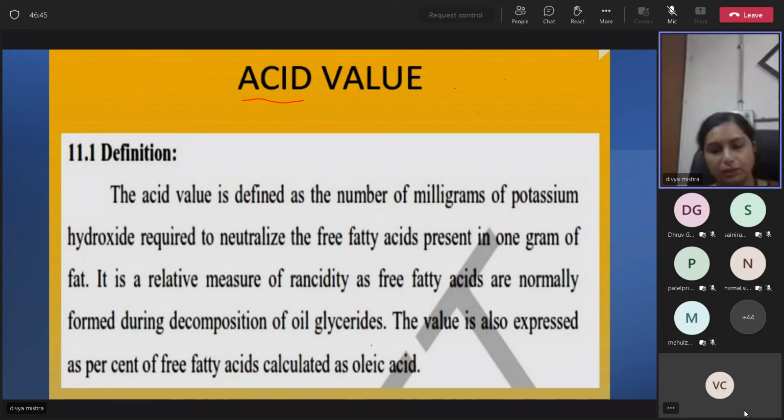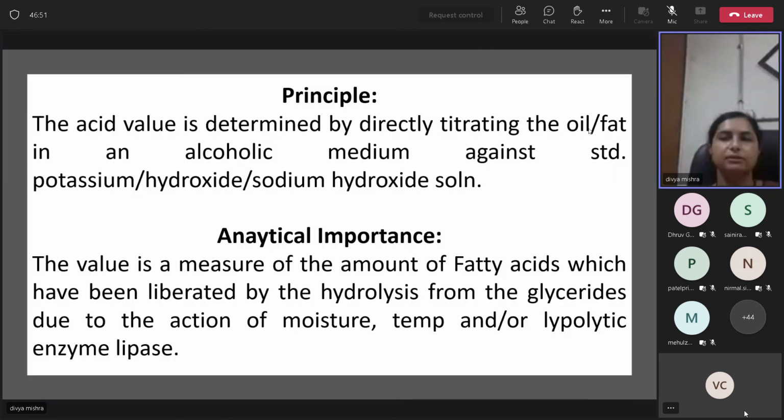This value is also expressed as percentage of free fatty acid. The principle is that it is determined by directly titrating the sample in alcoholic medium against standard potassium hydroxide, or one may use sodium hydroxide solution. Now this value is very much important.